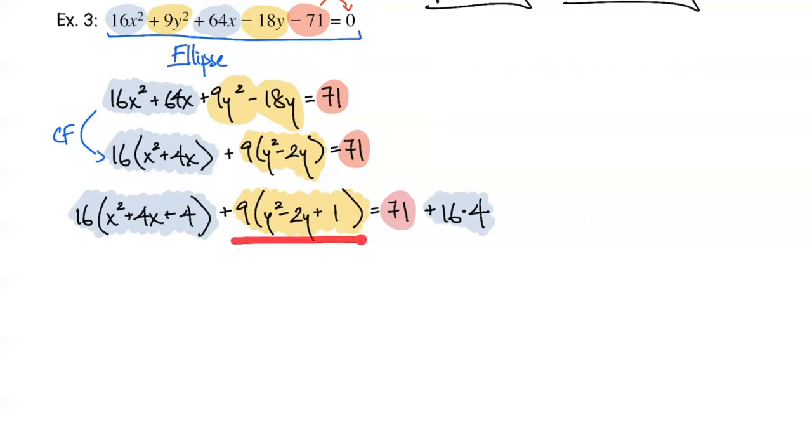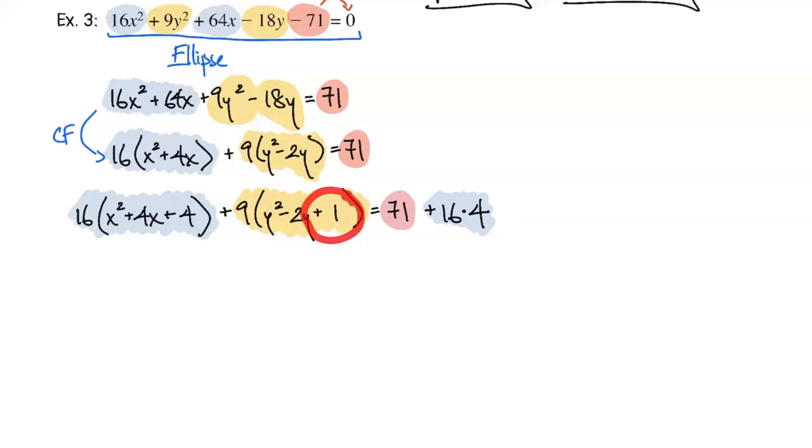What does that mean that this +1 in the yellow contributed? Because it used to be x squared minus 2y, and then I made it into x squared minus 2y plus 1, right?